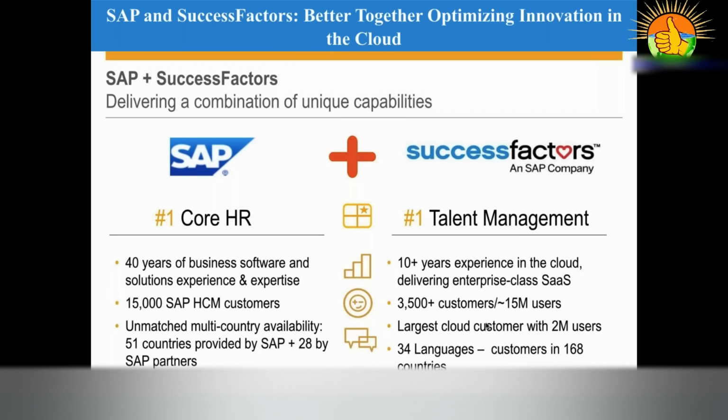Not only that, customers who had already implemented SuccessFactors had more likely chances to move into EC in case they're looking for a solution in the cloud for their HR related stuff. And people who had already implemented SAP HCM who wanted to move into cloud can easily move into SuccessFactors now. And again, both of them had the advantage of multi-country, multi-currency and multilingual properties, which is again another advantage.